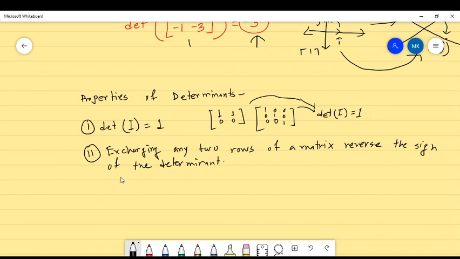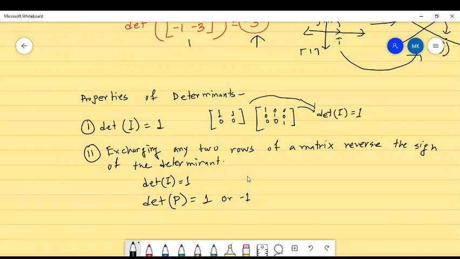Previously we saw in the first property that the determinant of an identity matrix is 1. Do you know about permutation matrices? In permutation matrices, we change the rows of the identity matrix. So what should be the determinant of a permutation matrix? It would be in fact 1 or negative 1.